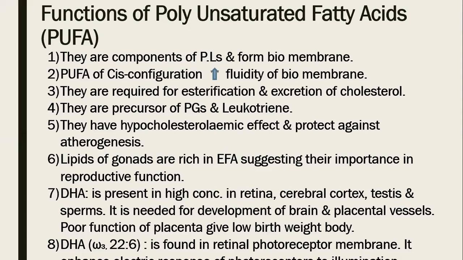These polyunsaturated fatty acids are also present in the mitochondrial membrane. Deficiency of polyunsaturated fatty acid causes swelling of the mitochondrial membrane and decreases the efficiency of the electron transport chain, because the mitochondrial membrane is equipped with the electron transport chain.